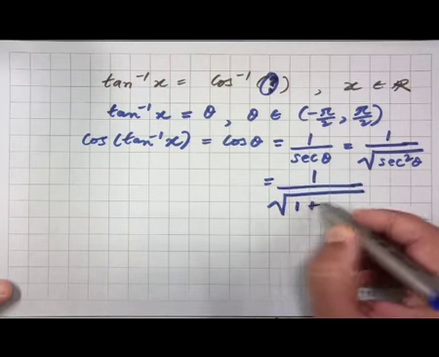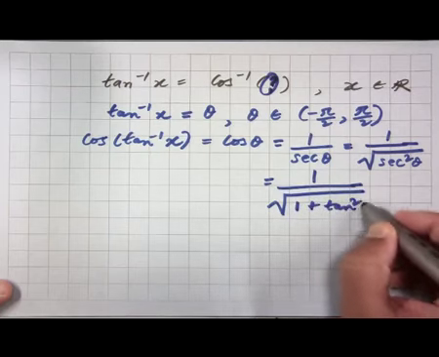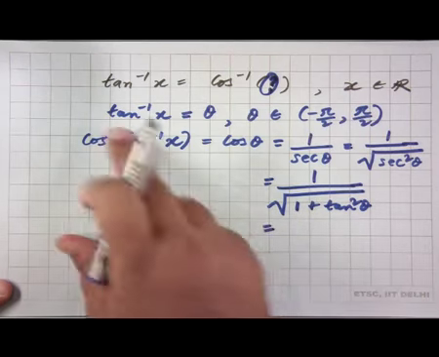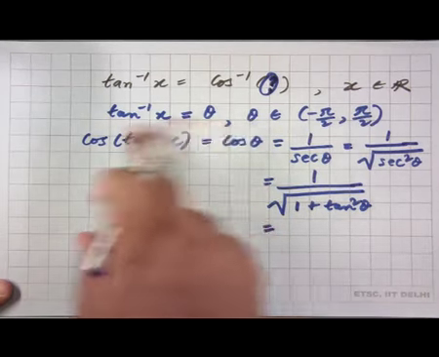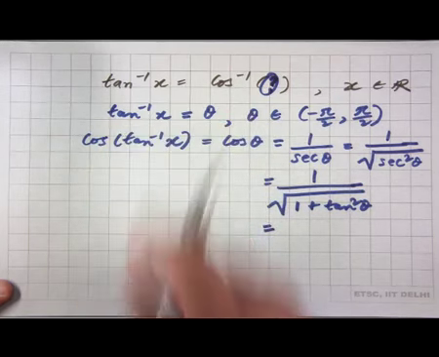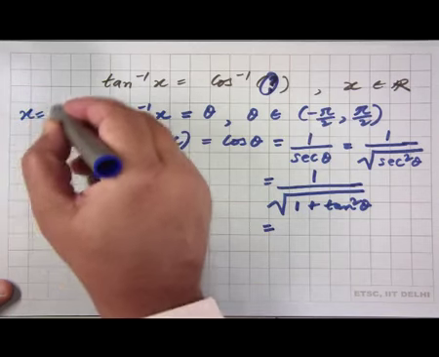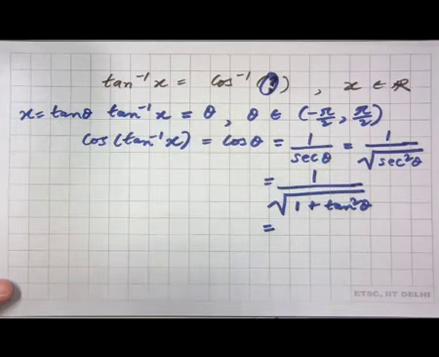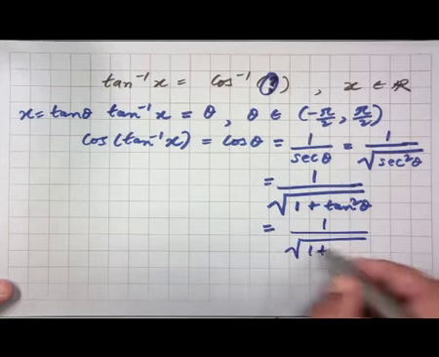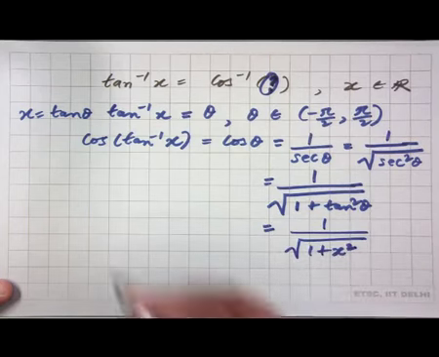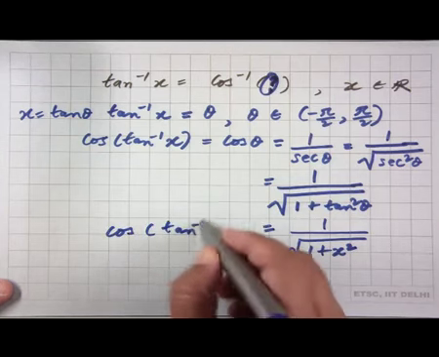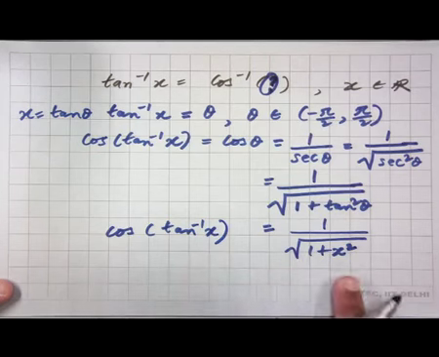We write it as 1 plus tan square theta, and from here we know that x is equal to tan theta, because we applied the tan function on both sides. So, this is essentially 1 over root of 1 plus x square. So, we have cos of tan inverse x equal to this quantity.